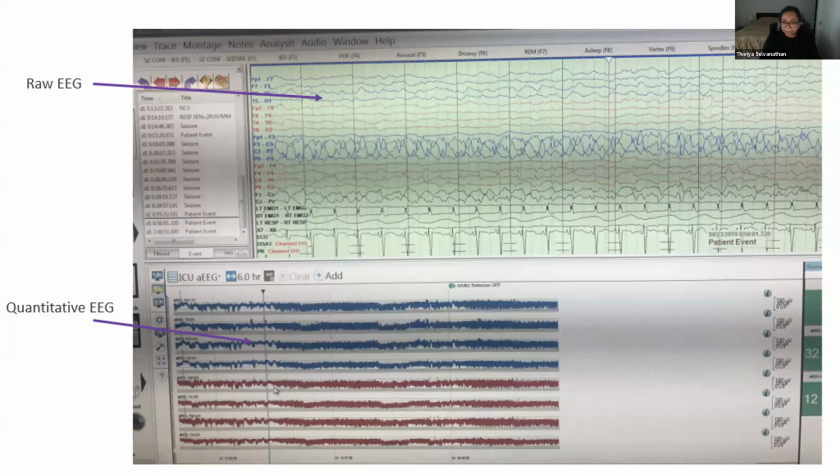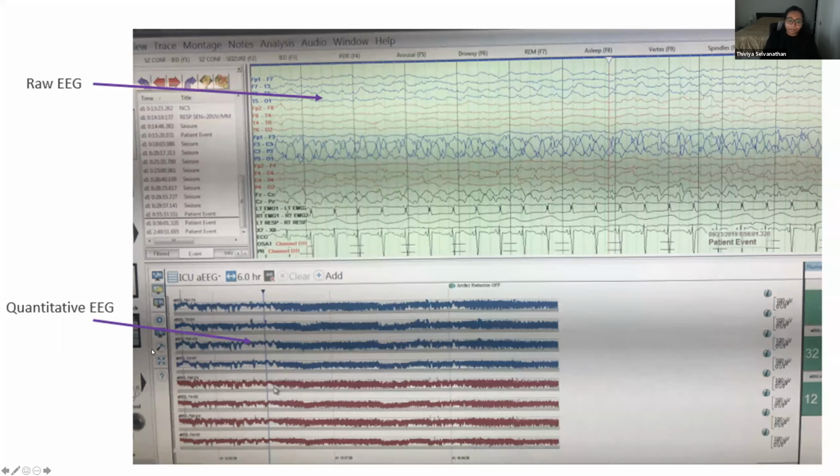So this is an example of what this looks like on a monitor in the ICU. At the top, we have the raw EEG tracing that we saw earlier, where you have many channels. The blue channels represent activity from the left side of the brain, and the red channels are recording activity from the right side of the brain, and then the additional channels below.